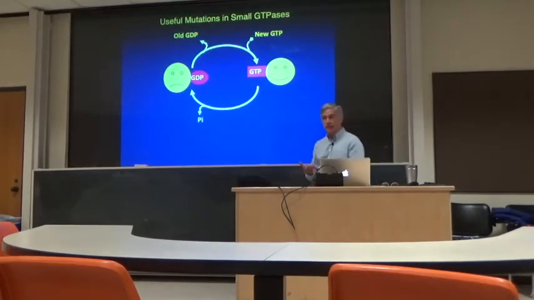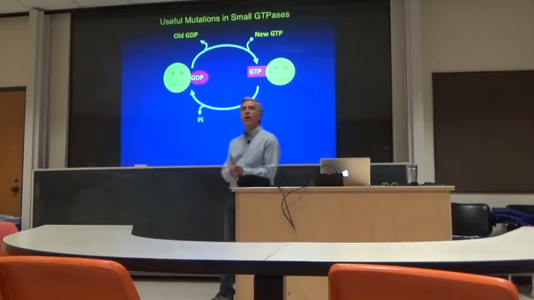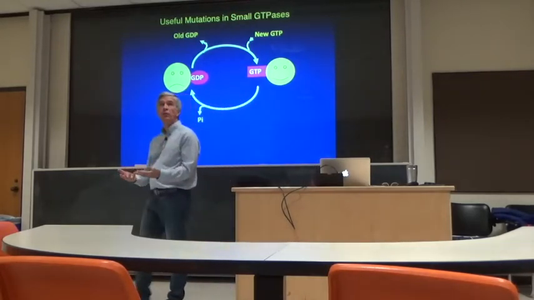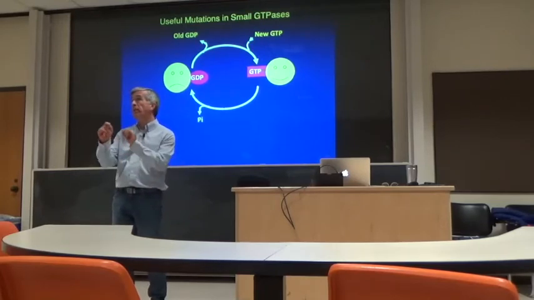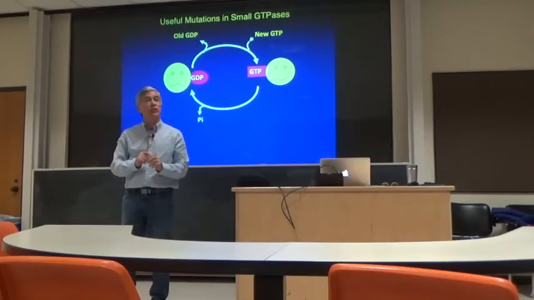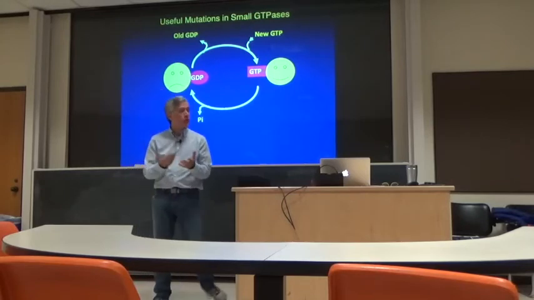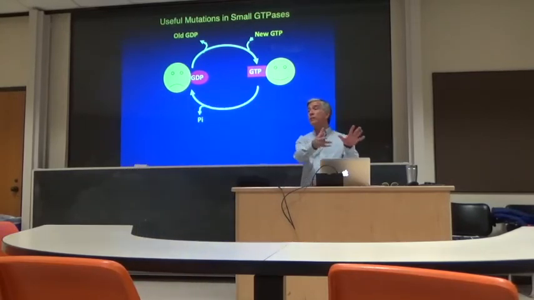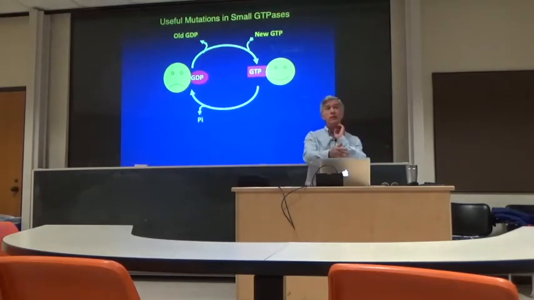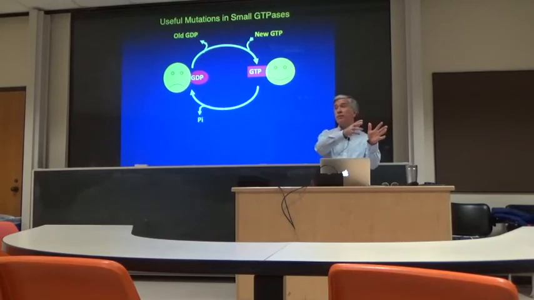a lot of this has been shown through the use of really useful mutations that can be implemented in almost any small GTPase. So it's important for you to know, because you might encounter this in another field that also involves another small GTPase. As Dr. Halloran mentioned, there are small GTPase proteins involved in regulating a whole slew of mechanisms inside the cell.